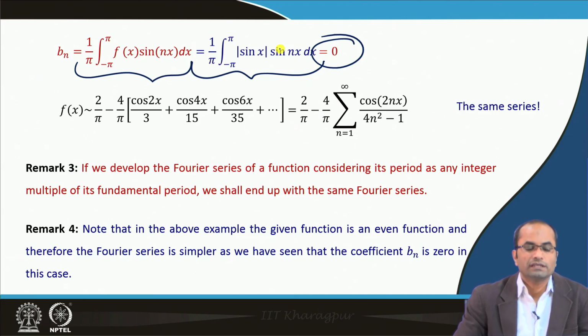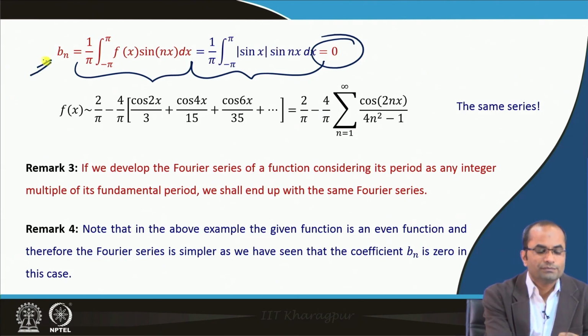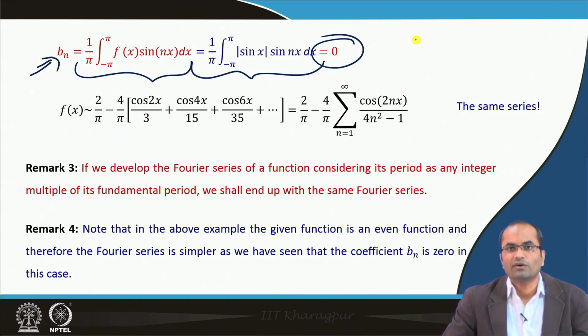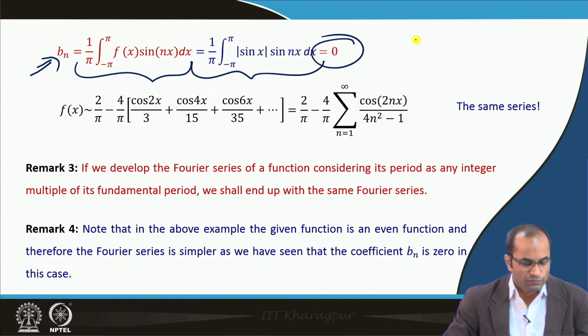If this f(x) is an even function, naturally this b_n will disappear, or vice versa. If we are talking about an odd function, then a_n will become 0, and we have to just compute b_n. So, if the function is odd or even, we can simplify the calculations, and either a_n will survive or b_n will survive.